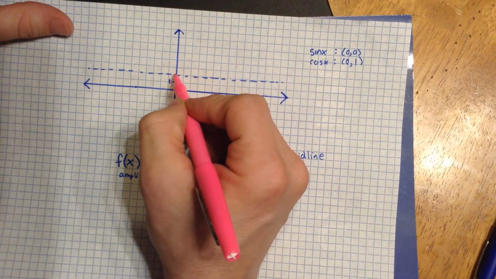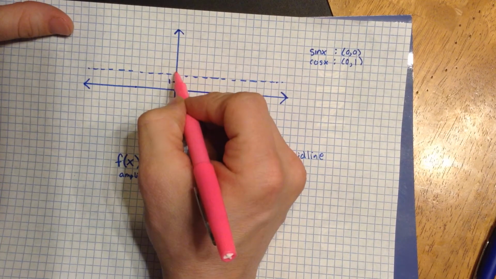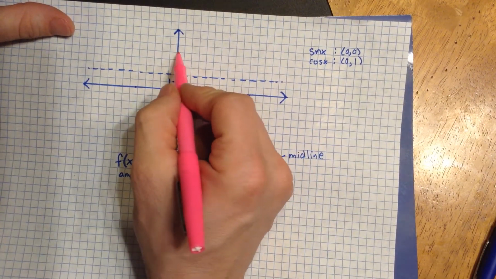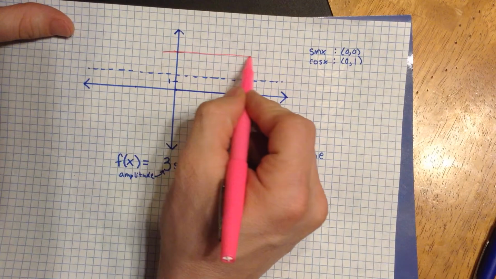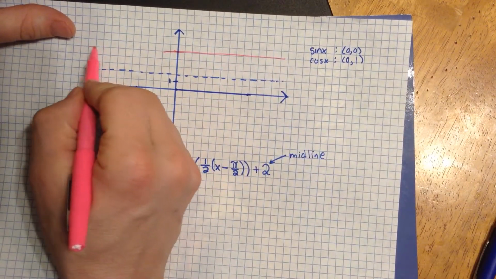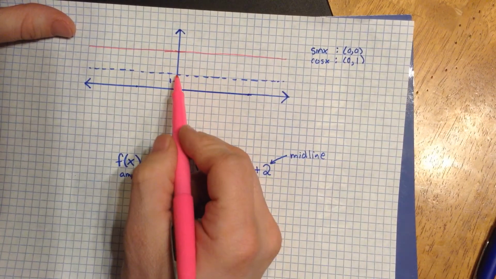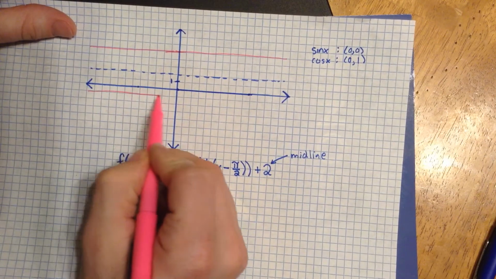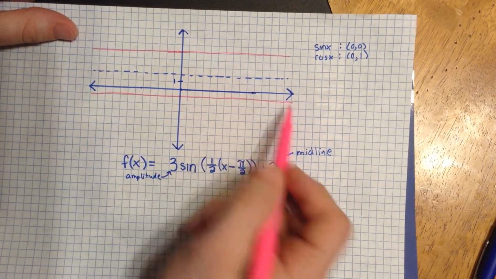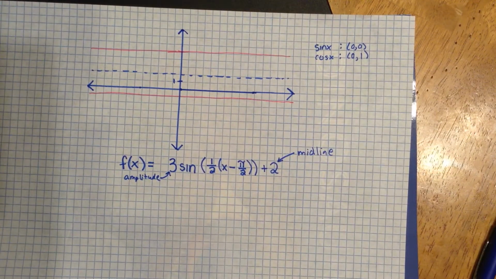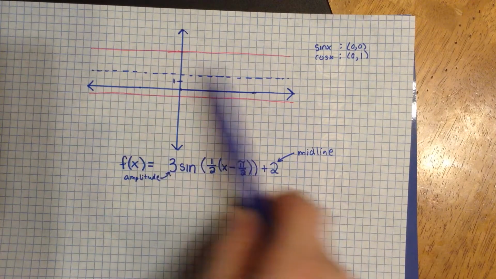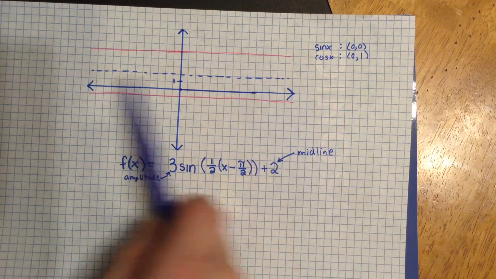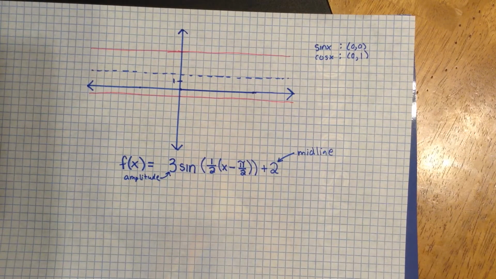So what I like to do is say 1, 2, 3 away from the middle, and draw a little bit of a line right there. And then from the other direction, 1, 2, 3 in the opposite direction. You don't have to do this, but it does help when you're starting off, that my graph will be entirely contained within those pink lines, and they will be centered around the blue dotted line. So that's the easy way to use amplitude and midline.